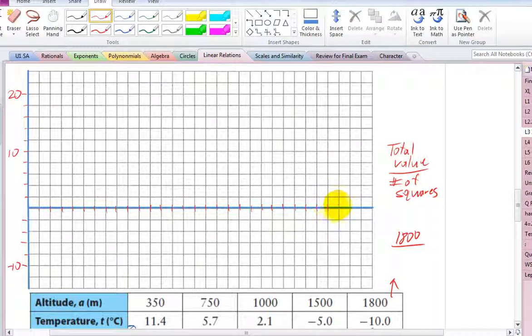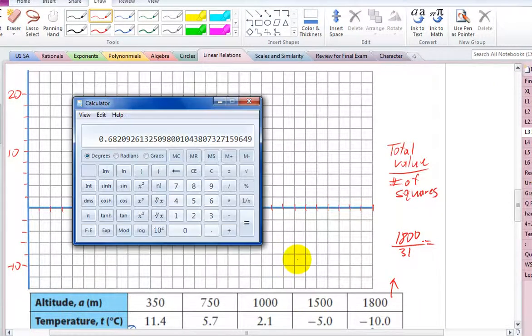So I divide by 31 squares, grab my calculator. So I have to go up by at least 58 a square, but to make it easier, I'm going to go up by 100. I can't go smaller than 58.